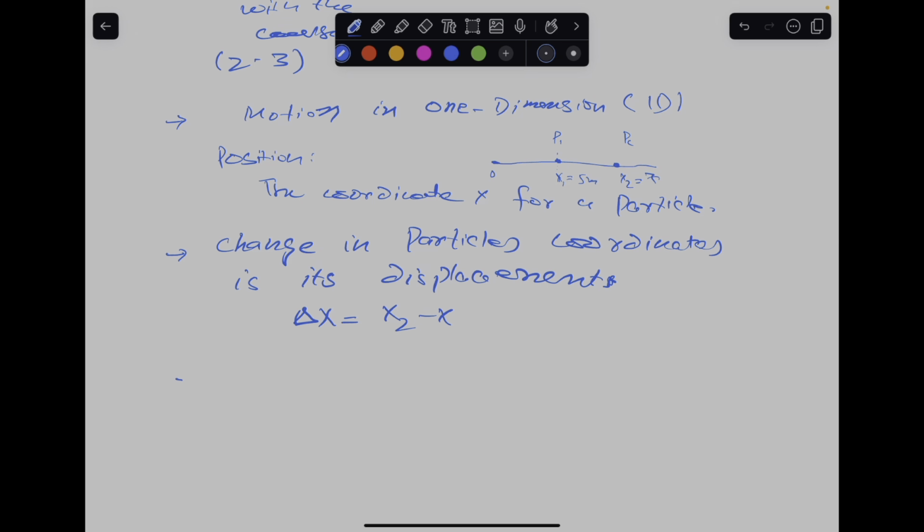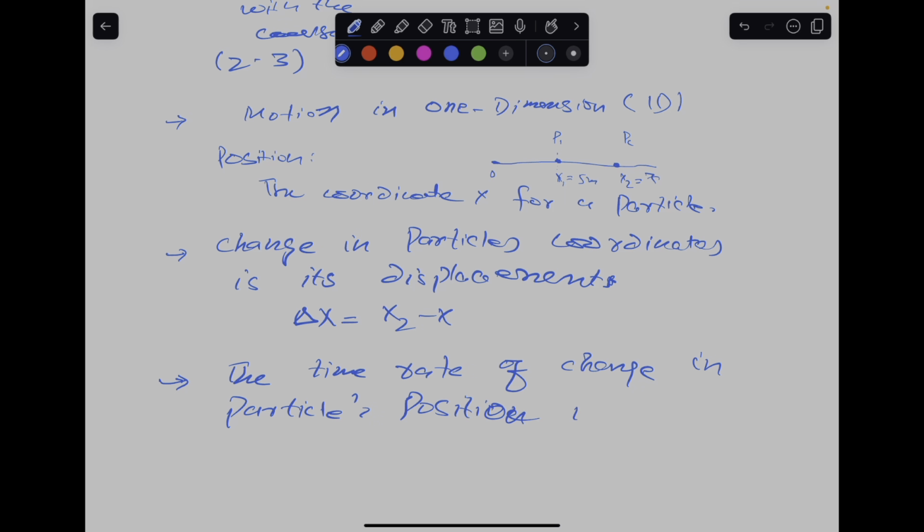So the time rate of change in the particle's position is defined as the average velocity.